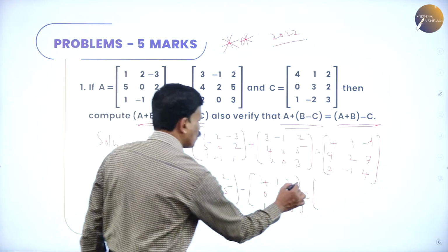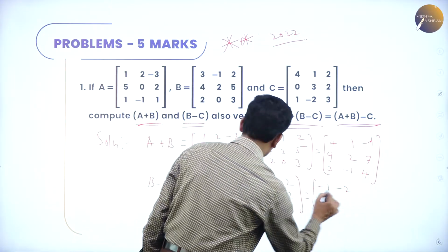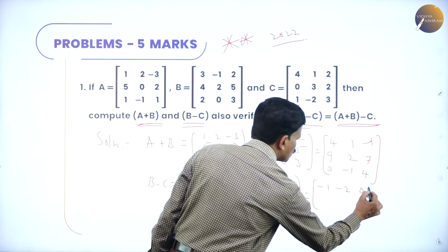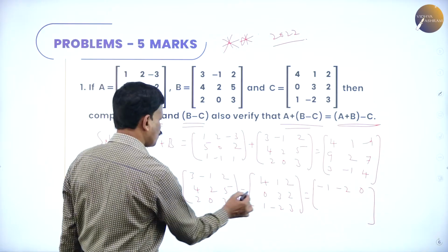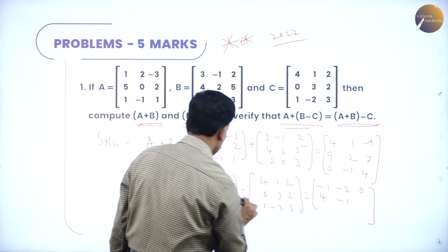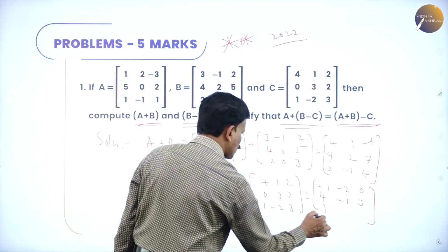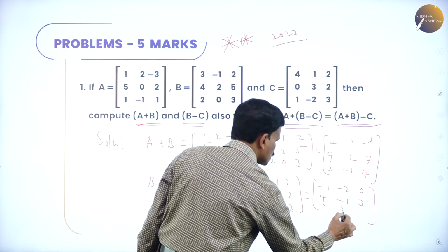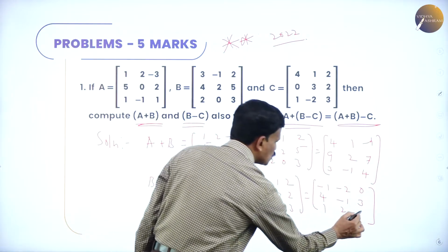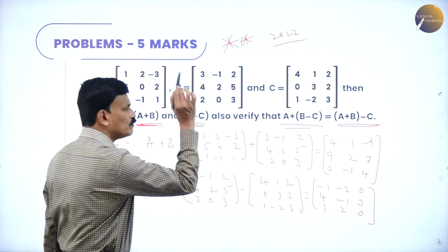So 3 minus 4 is minus 1, minus 1 minus 1 is minus 2, again 2 minus 2 is equal to 0. First row. Second row, 4 minus 0 is 4, again 2 minus 3 is minus 1, 5 minus 2 is 3, again 2 minus 1 is 1, 0 minus minus 2, minus into minus is plus, so 2, 3 minus 3 is equal to 0. This is how we are going to find A plus B and B minus C.